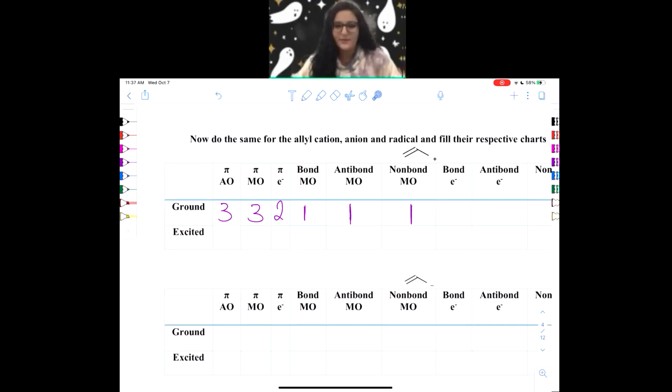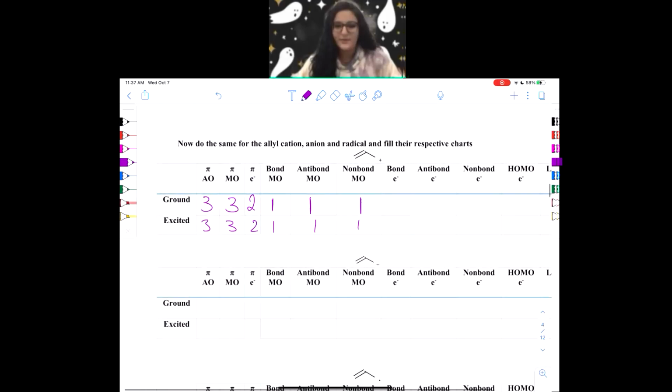Cool. So is there any difference between this and these in the excited state? No, that's going to be exactly the same. Now what's going to change is the electron distribution. In the ground state, how many electrons are in bonding orbitals? 2.